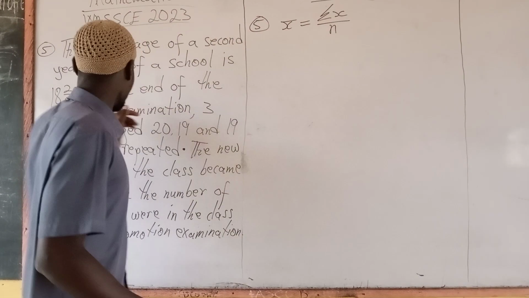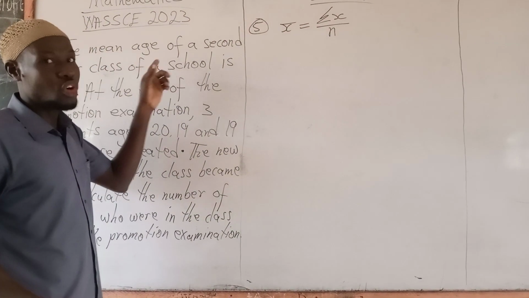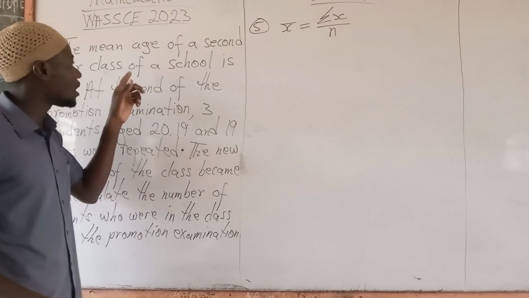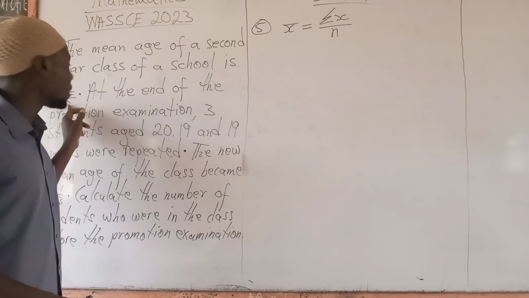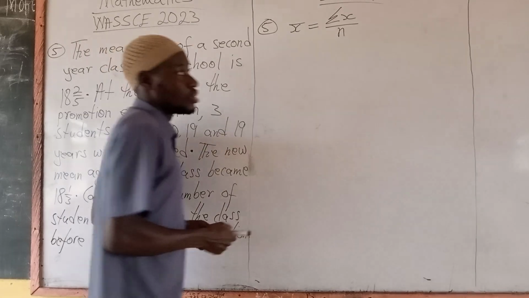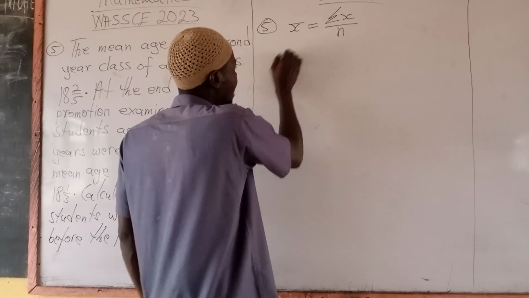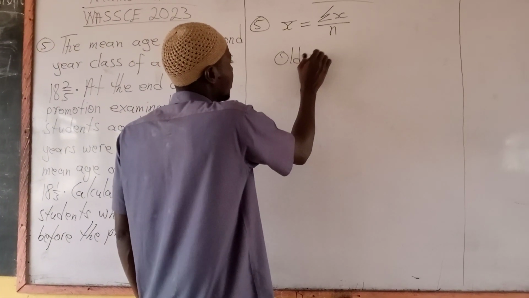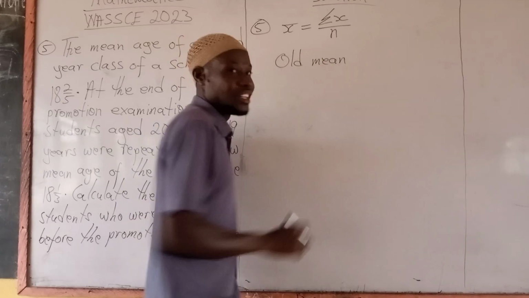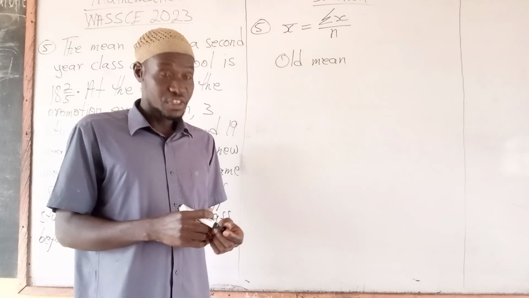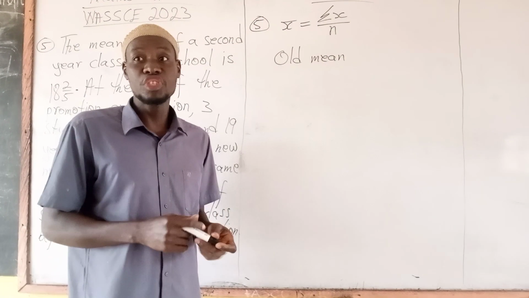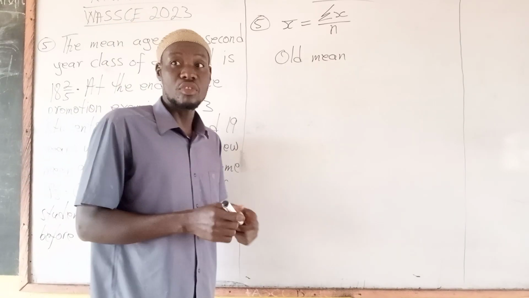Here we are told that the mean age of the second year class of the school is 18 whole number 2 out of 5. This means the old mean age of the students, that is before the promotion exams was conducted.